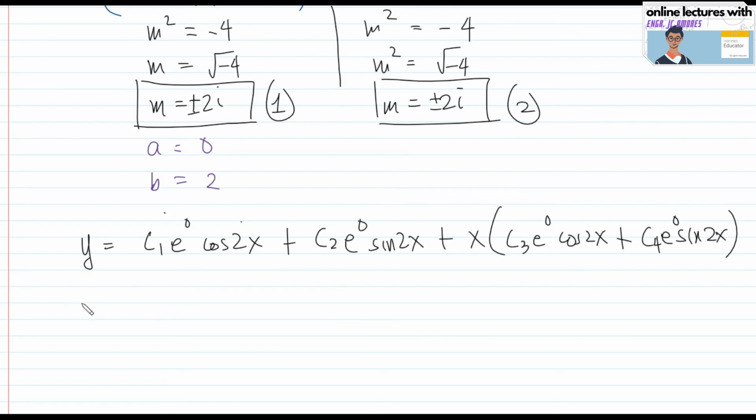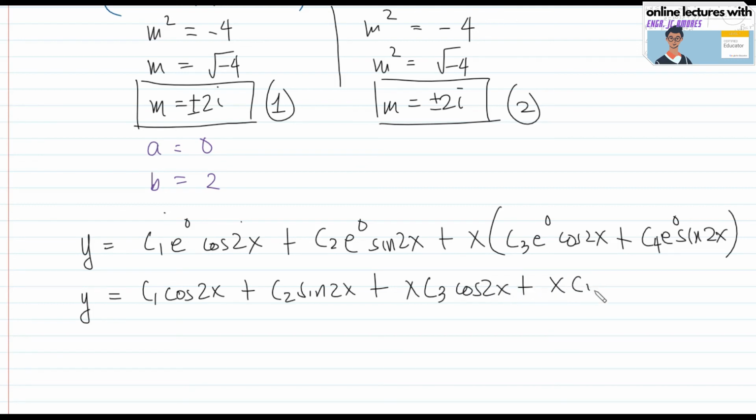If you simplify that, we have c1 e raised to 0 is 1, so we have cosine 2x plus c sub 2 sine 2x plus x c sub 3 cosine 2x plus x c sub 4 sine of 2x.